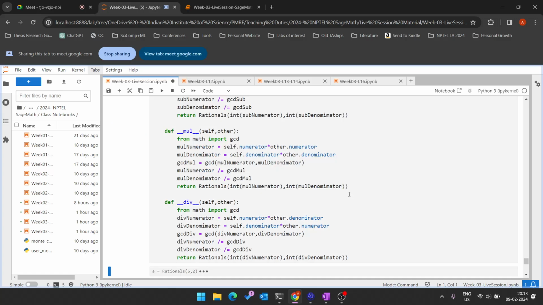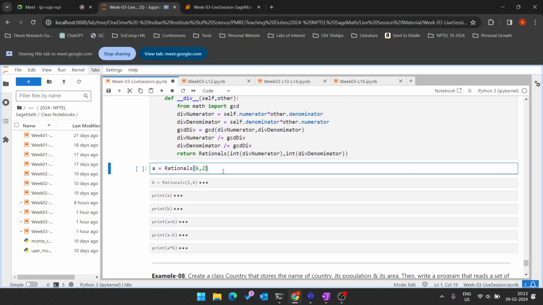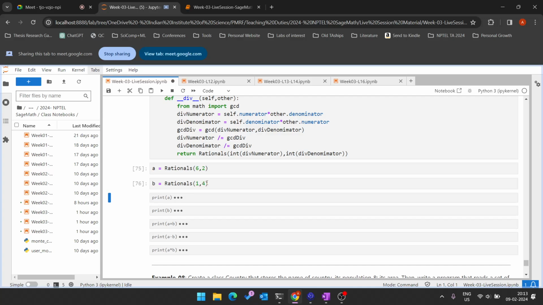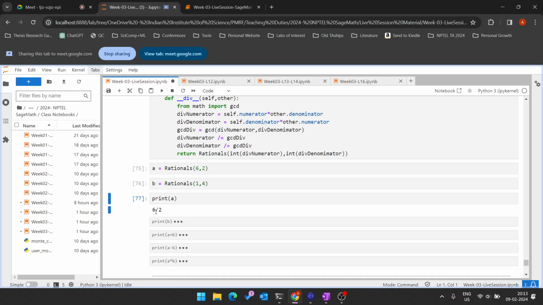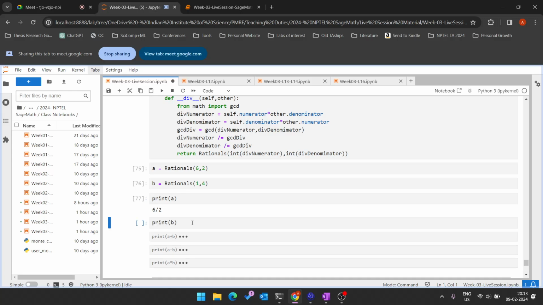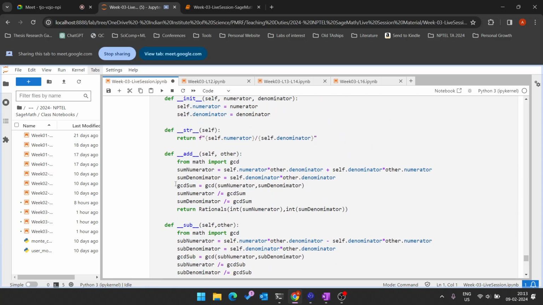So if I run, say, A is rational 6 by 2, B is rational 1 by 4, and ask it to print A, I get 6 by 2 as the output. If I print B, I get 1 by 4. So this is how my rational numbers look.